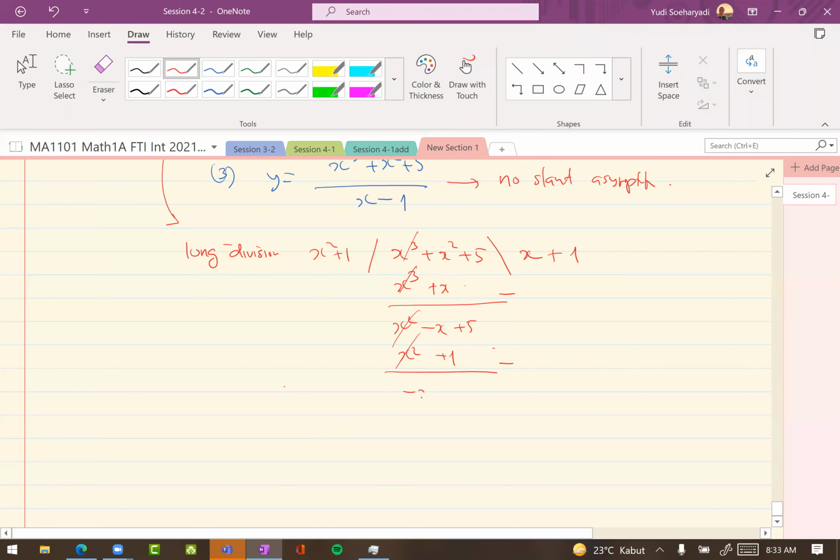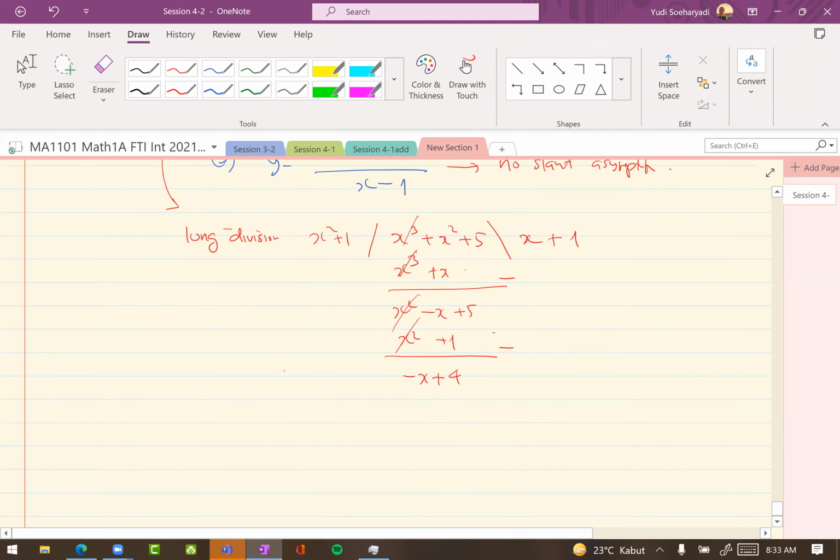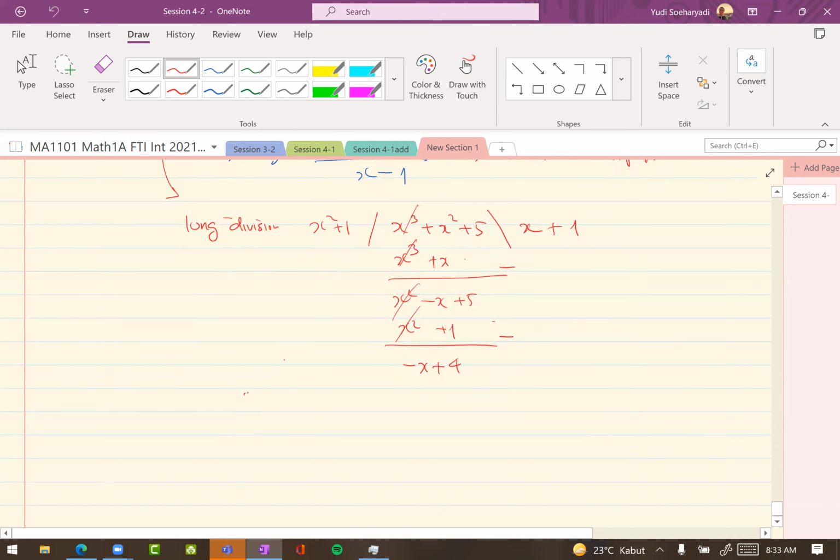What we have is x minus 6. Oh, sorry, not minus 6. This is 5, subtract 1, so this is 4. Okay, so the conclusion is that x cubed plus x squared plus 5 divided by this is x plus 1, right? Over, also plus minus x plus 4 divided by x squared plus 1.